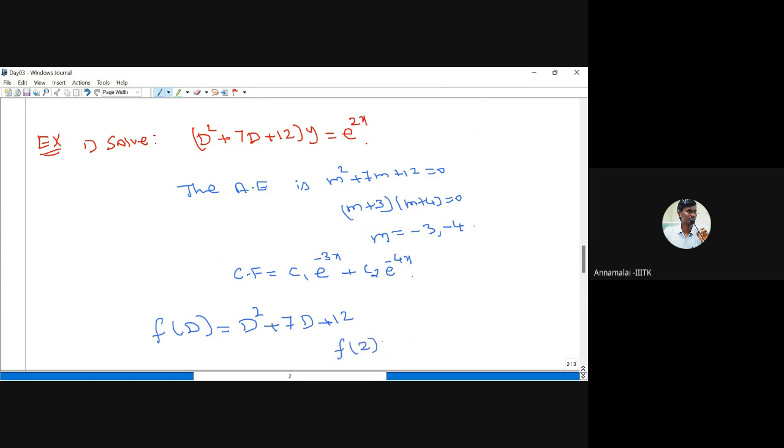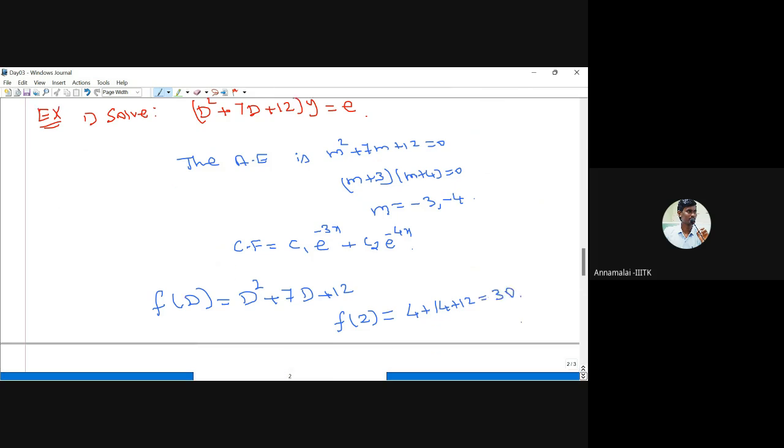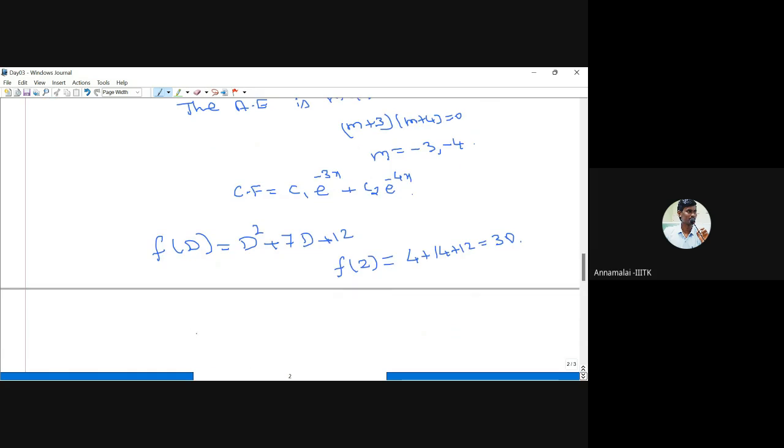Substituting 2, we get 4 plus 14 plus 12, that is 30, a non-zero number. Therefore, we can directly write the particular integral is 1 by 30 times e power 2x.